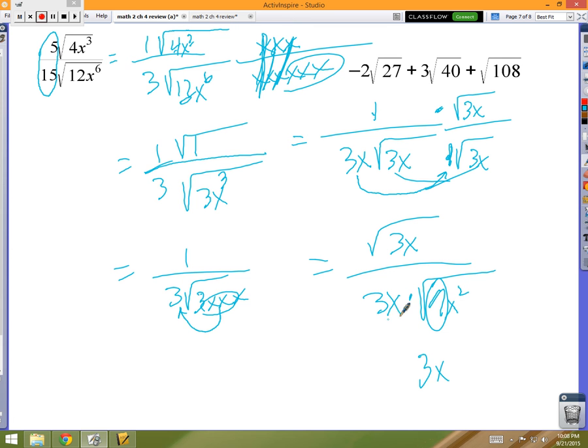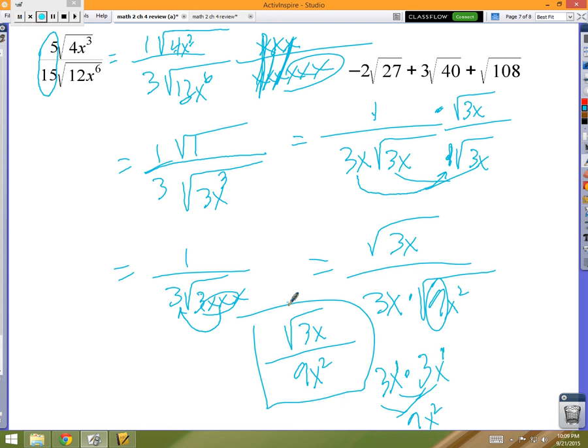And on the outside you already have 3x, so you times those together. 3 times 3 is 9. X times x is x squared. You add the exponents. When you times letters, add the exponents, so it's 9x squared. So on the top we got square root of 3x, on the bottom we got 9x squared. That one was pretty tough.